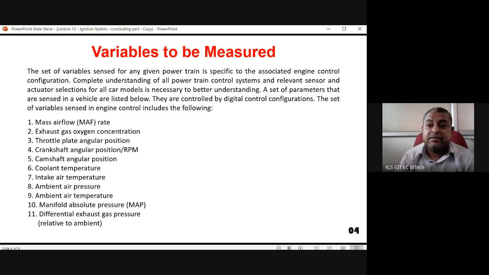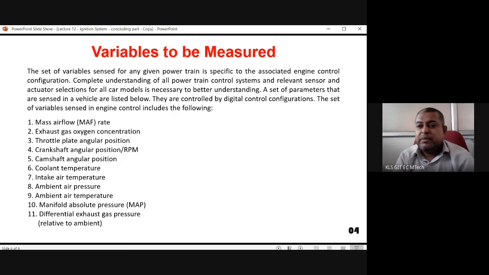And the fuel ignition and other things, spark generation, all depend on the crankshaft angular position. If you go through the video, you will understand how there is a contact which is being made and broken during the ignition process depending on the position of the camshaft.